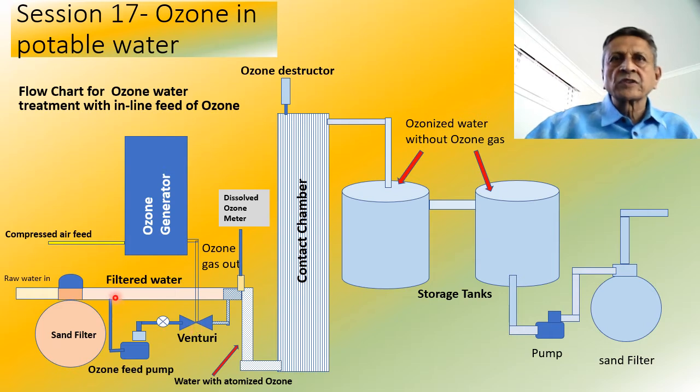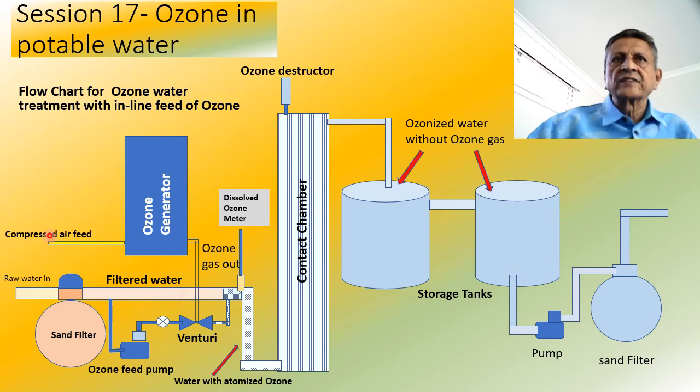A small portion of water is taken out of the filtered water through the ozone feed pump and goes through the venturi, and that water is ozonized and it joins up with the main supply of water.